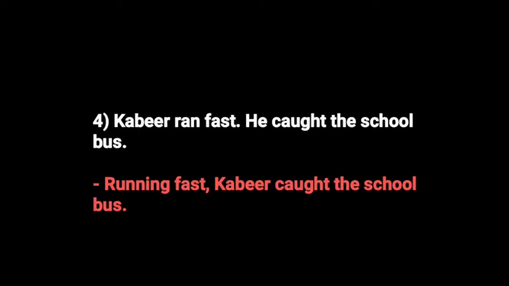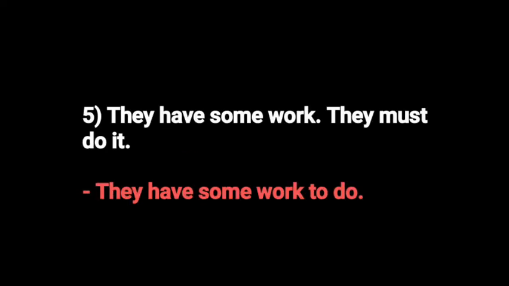Fourth sentence: Kabir ran fast. He caught the school bus. Here we use the verb plus ing form to make it a simple sentence. Running fast, Kabir caught the school bus. Fifth sentence: They have some work. They must do it.